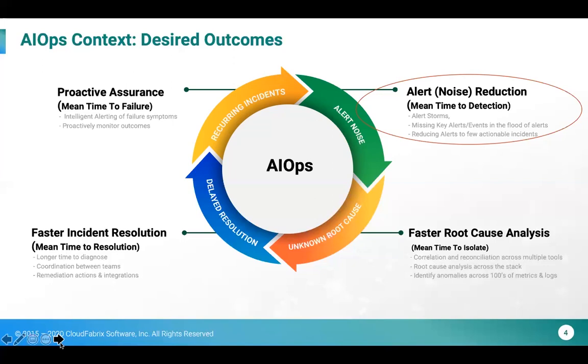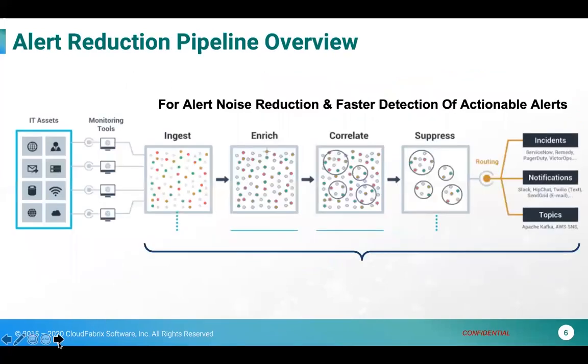Either because of non-actionable alerts or duplicate effort, it's costing several millions of dollars, especially in high volume alert cases. So it's a very important and very common use case that a lot of enterprises are looking to address with AIOps solutions, and this will be our focus. Over the next series of events, we'll be talking about other things, but in the interest of time, we'll get into these specific things.